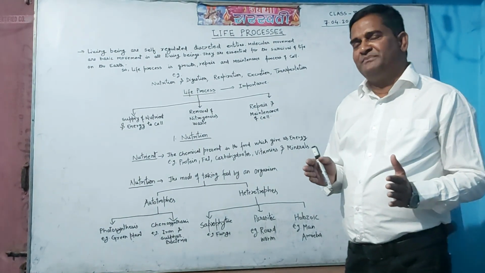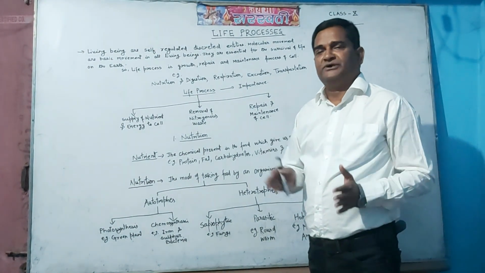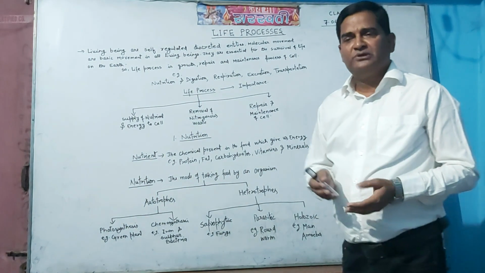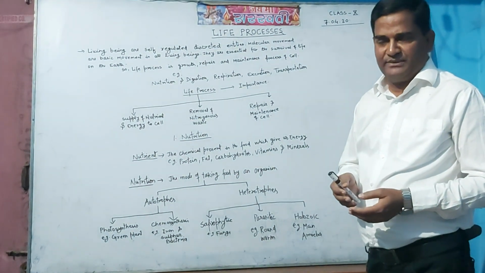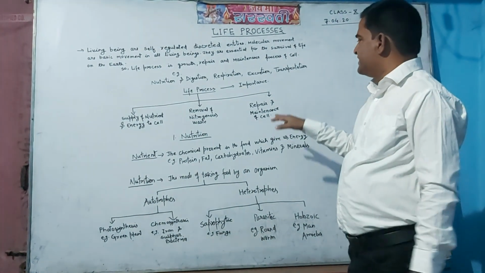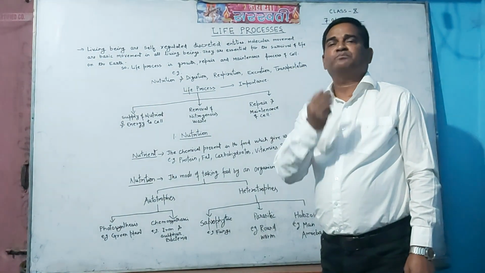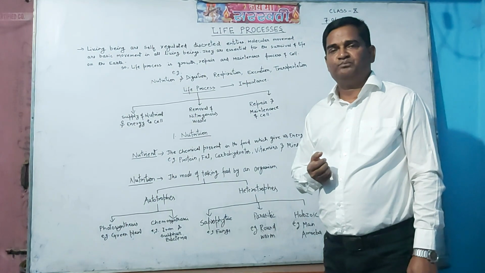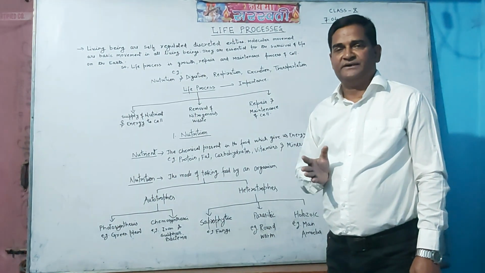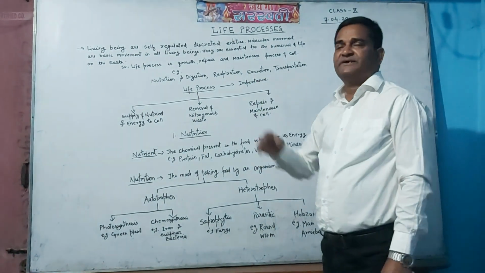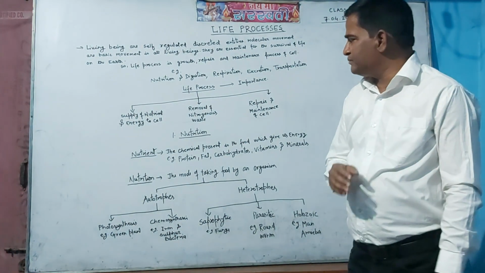So these toxic materials must be removed from the body, and we apply excretion for this purpose. Third is the repair and maintenance process of the cell. These three important processes are essential for all living beings on earth. That's why life processes have so much importance.